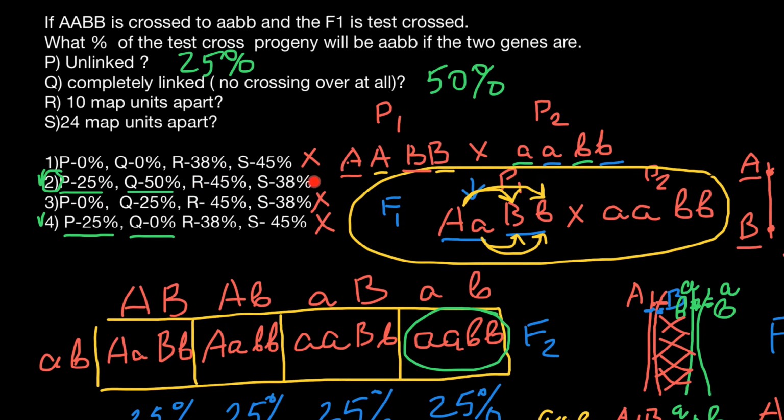If you know what's happening here, because now we are going to talk about map units apart between genes, and this is very important, but it's not going to take time at all. So what happens here? Question R: what if between gene A and B we would have 10 map units apart?